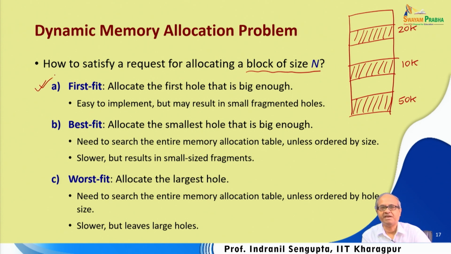The first fit algorithm, these are 3 alternate algorithms we are talking about. First fit allocates the first hole that is big enough. Let us say there is a request, suppose n is equal to 5k. So, the first hole of 20k will be big enough, and the process will be allocated space within the first hole.